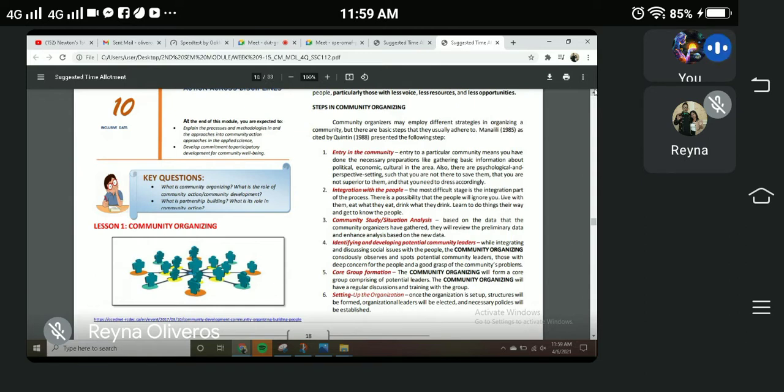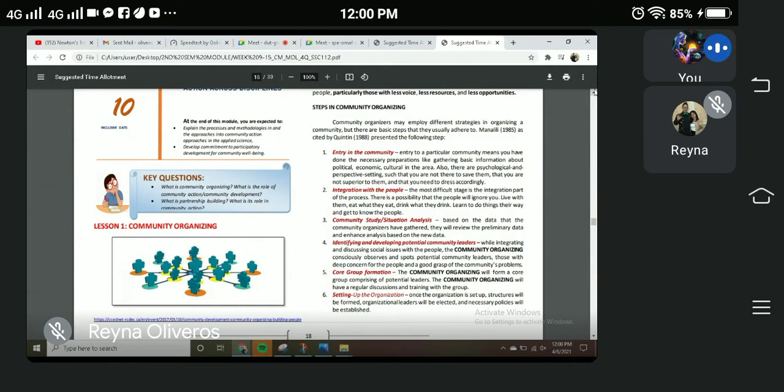Step number 4 is identifying and developing potential community leaders. While integrating and discussing social issues with the people, the community organizer consciously observes and spots potential community leaders, those with deep concern for the people and a good grasp of community problems.